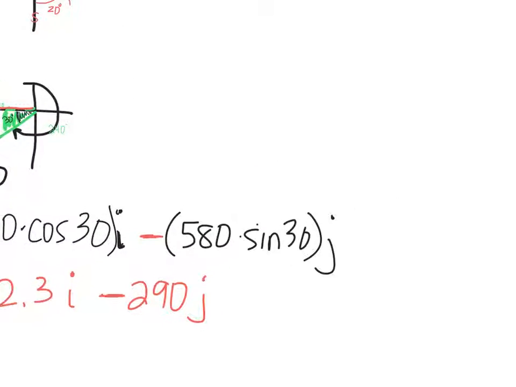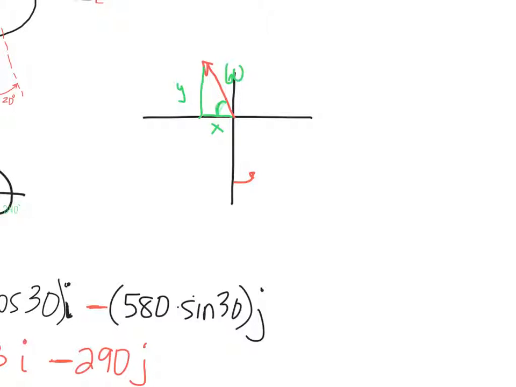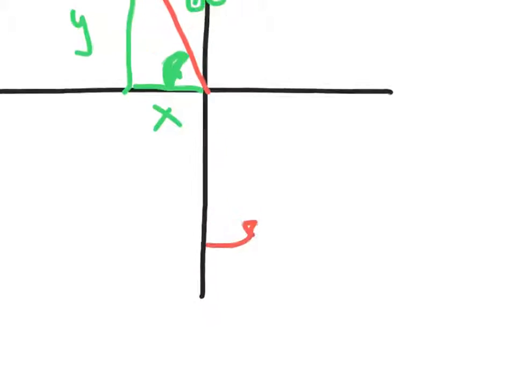So let's go over here in a clean space. The wind, remember, was blowing from 20 degrees east of south, so the wind was going this way. So we're going to take this one and also break it into its x component and its y component. Remember, this was 60. So I need to know what this angle right here happens to be.